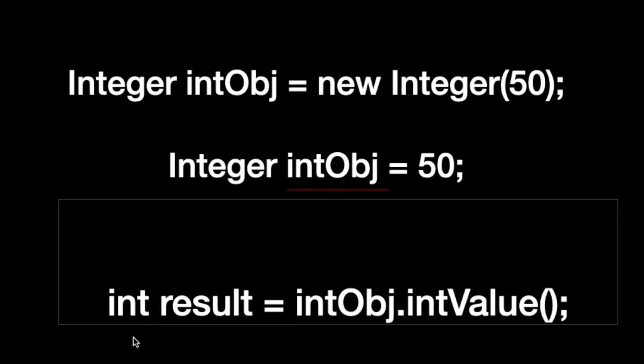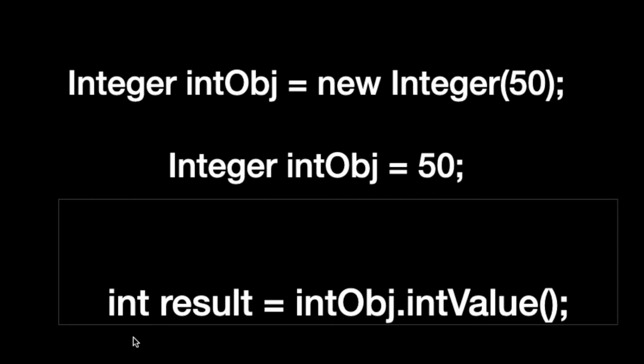And then I type the dot operator, then intValue. So that returns that Integer object back to a primitive data type. And the value is assigned to the result variable.